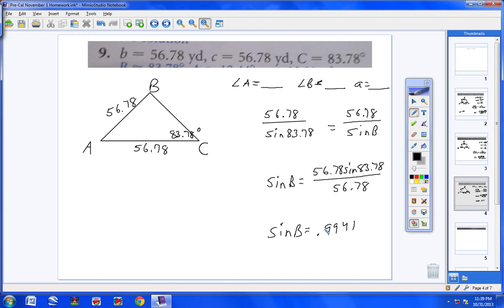And then, of course, the angle for that would be 83.78 for angle B. We already knew that anyway, so angle B is 83.78. And we kind of wasted our time there because whenever two sides are congruent, their opposite angles are congruent, but that's okay. So angle B is 83.78.